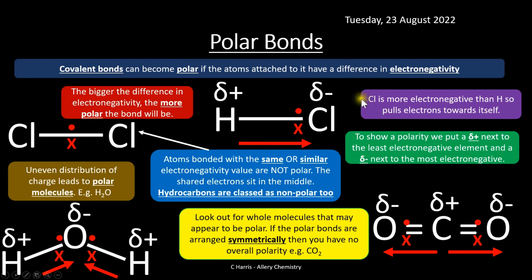So molecules like carbon dioxide are classed as non-polar. I know we have polar bonds, we have polarity here, but when we look at the molecule as a whole, there is symmetry there. So you've got two ends of this molecule which have the electrons, and the middle bit is left exposed with very little electrons. So this is what we call a non-polar molecule. So just be really cautious with that.